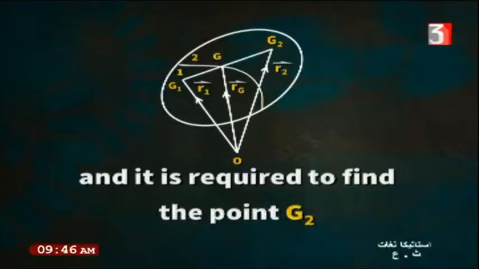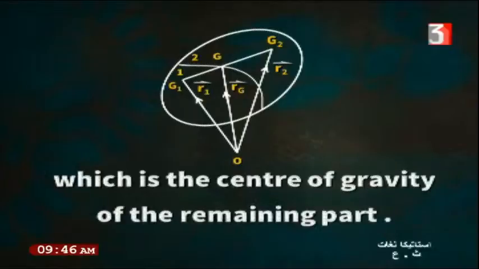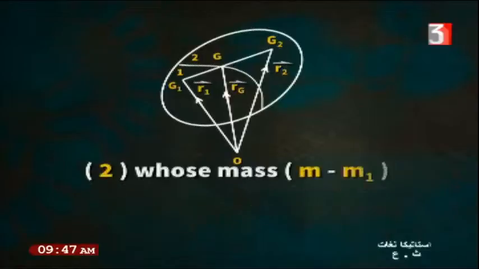It is required to find the point g2, which is the center of gravity of the remaining part. If we have a rigid body and we remove one part from it, the remaining part has center of gravity g2. How to determine g2? Its mass is m minus m1.